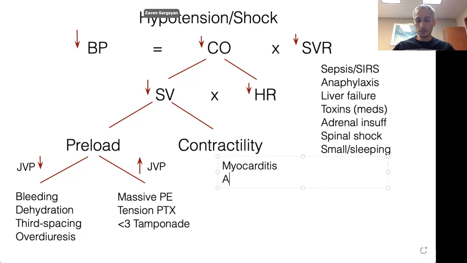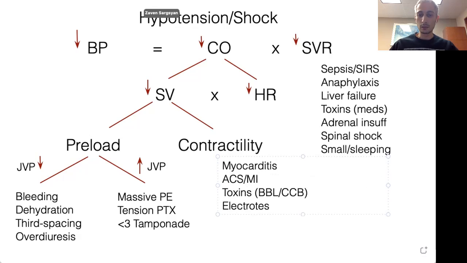Acute coronary syndrome, this would have to be a pretty big territory that gets knocked out. Toxins, which is again drugs, specifically beta blockers, calcium channel blockers, and especially in combination. And finally, electrolytes. Very severe acidosis or hypophosphatemia can cause acute myocardial dysfunction and loss of contractility.